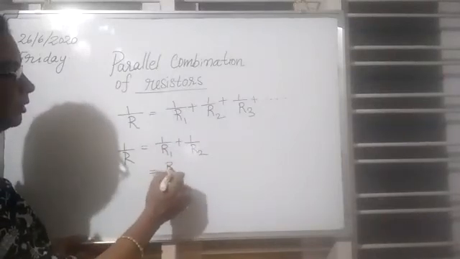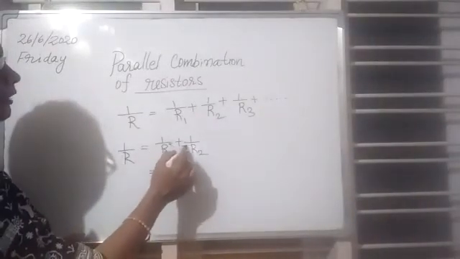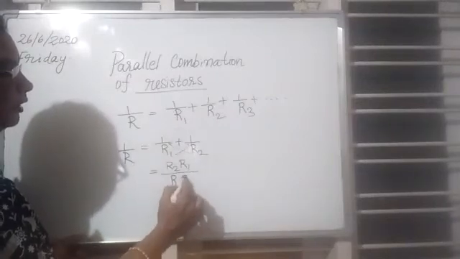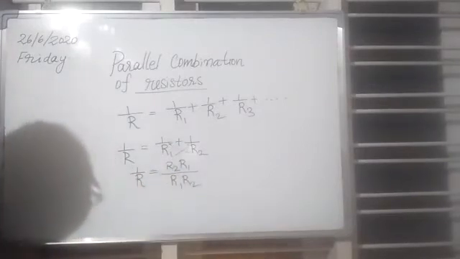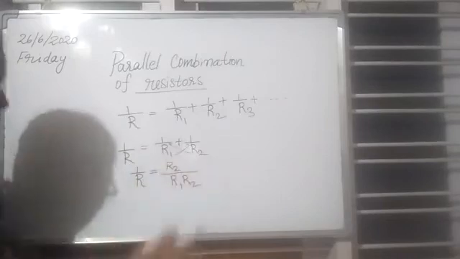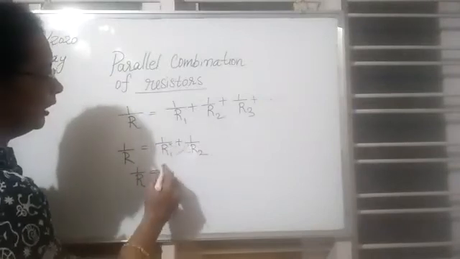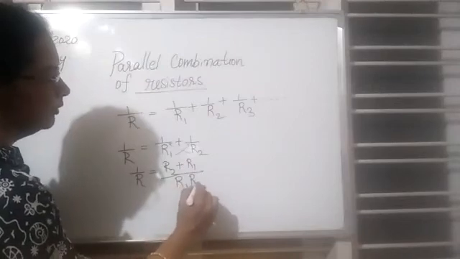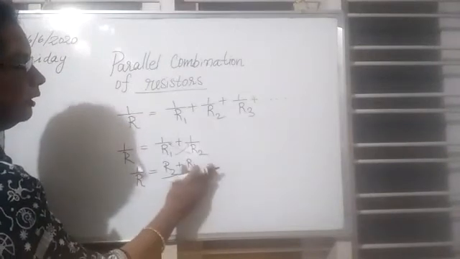So cross multiply: R2 plus R1 divided by R1, R2. 1 by R is equal to R2 plus R1 by R1, R2.